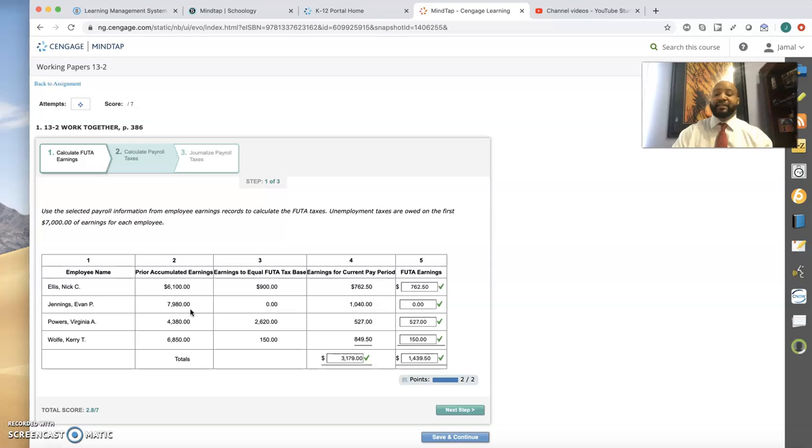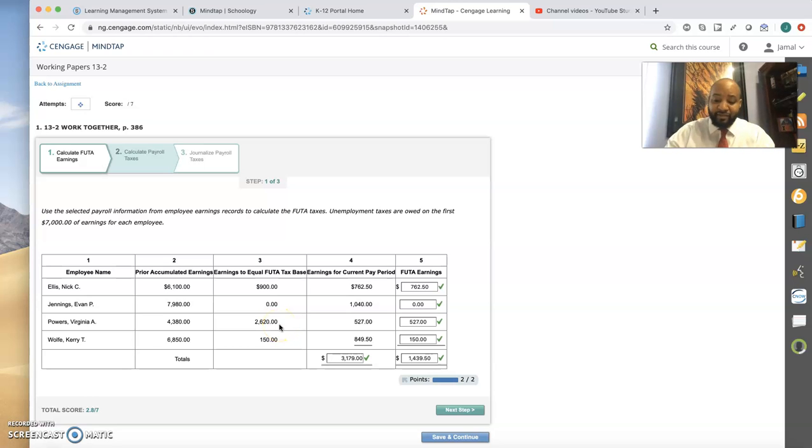He's earned more than $7,000. If you earn more than $7,000, you don't have to pay unemployment tax any longer, state or federal. Similarly, Virginia Powers, she's only earned $4,380, so she still has to pay taxes on her $2,620.